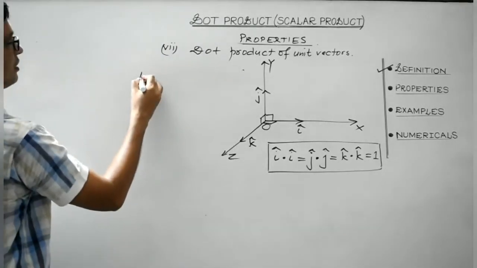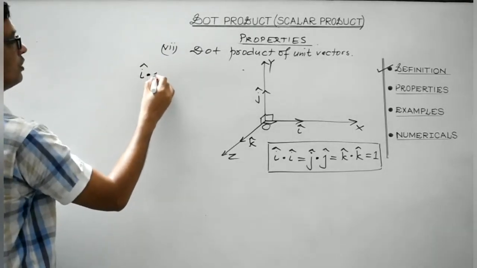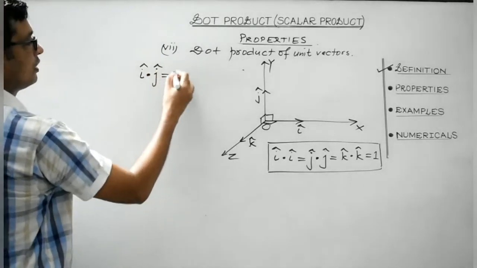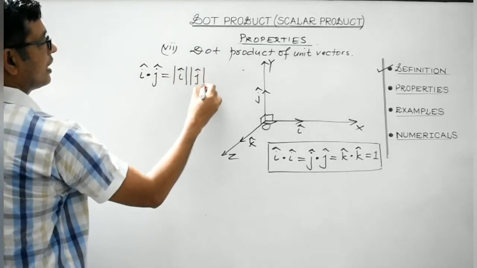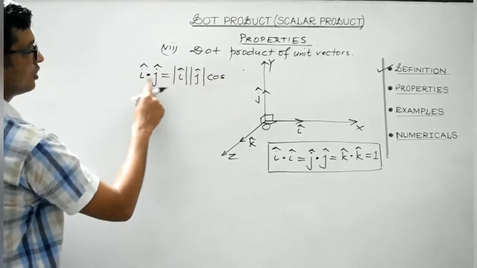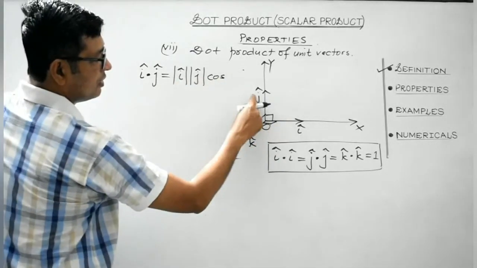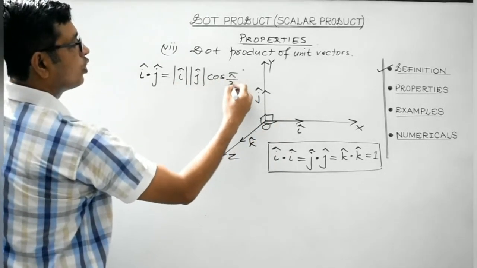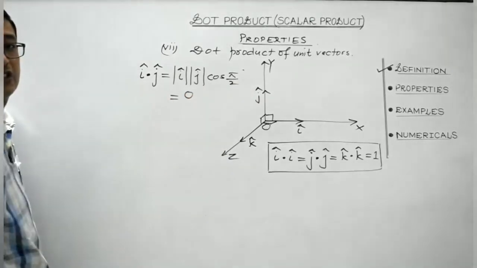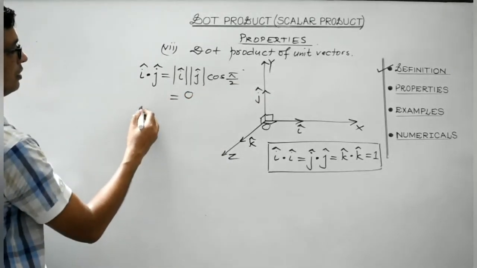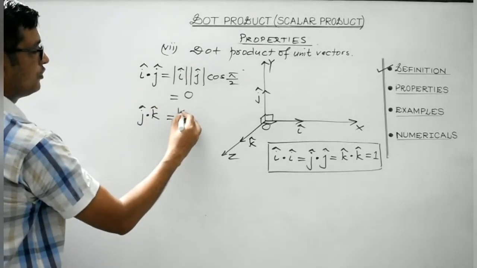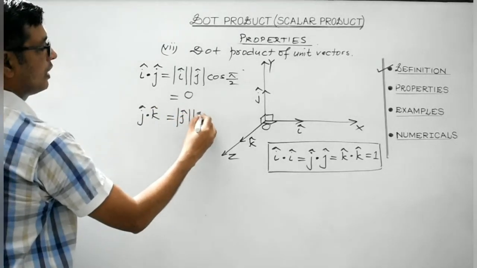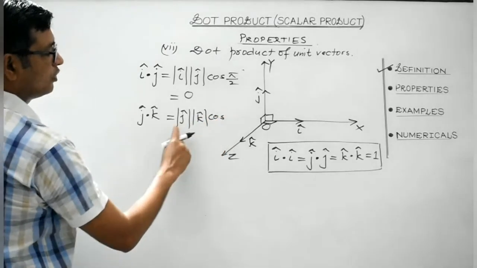So let's discuss i cap dot j cap. It is the product of magnitude of i cap, j cap and cosine of the angle between them. What's the angle between i cap and j cap? It's 90 degree obviously. Cos 90 is 0, so it will become 0. Similarly, j cap dot k cap is equal to magnitude of j, magnitude of k cap and the cosine of the angle between j and k.